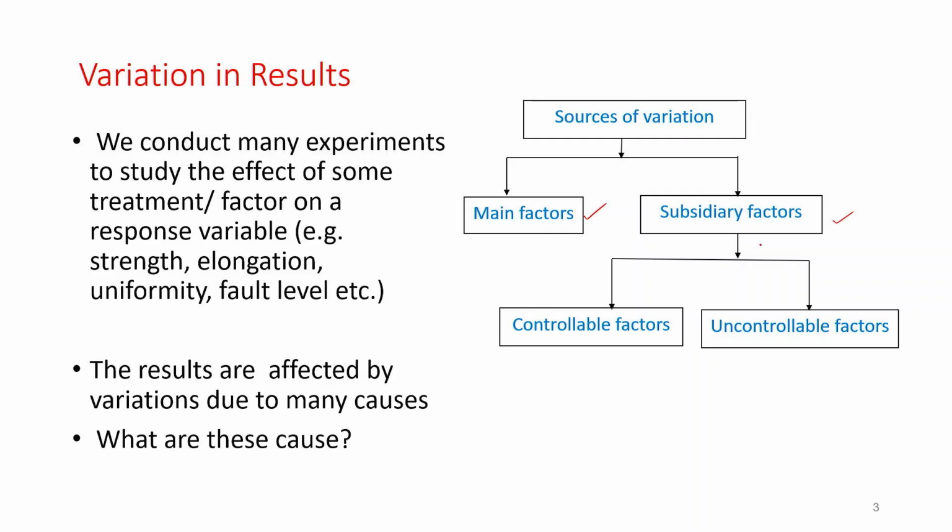And the subsidiary factors which can affect the variability in the results are of two types: controllable factors and uncontrollable factors. So one is variation due to change in some main factors, and the other is subsidiary factors, which can again be classified into two groups, controllable and uncontrollable. We'll see with an example.